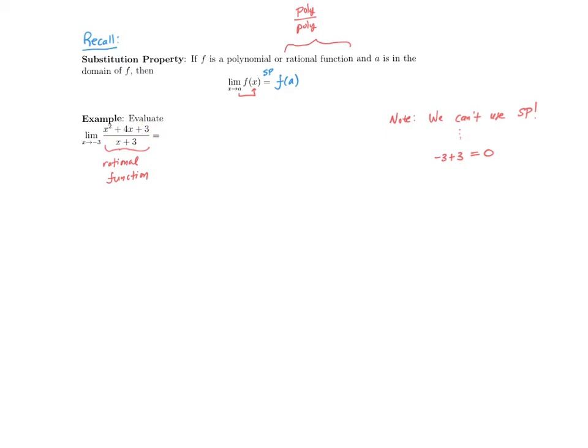And what that indicates is we need to do some type of algebraic manipulation. And in this case, there's really only one algebraic manipulation that jumps out at me. This quadratic that we see in the top is something that you can factor. So take a moment, pause the video, and factor that quadratic.